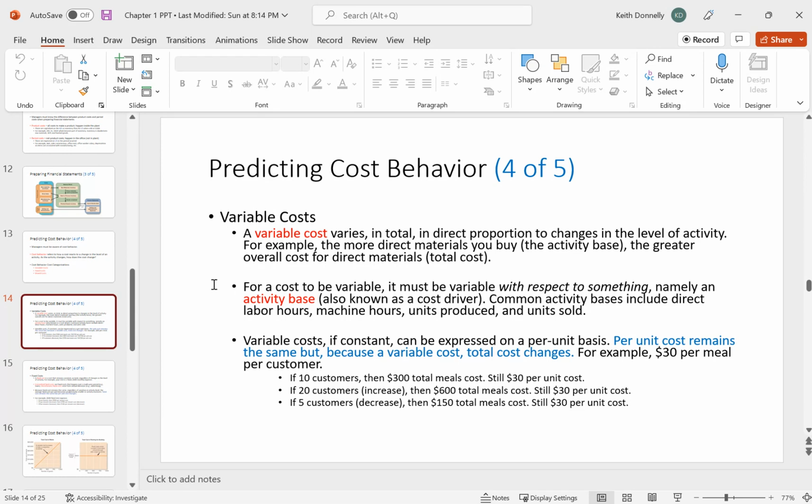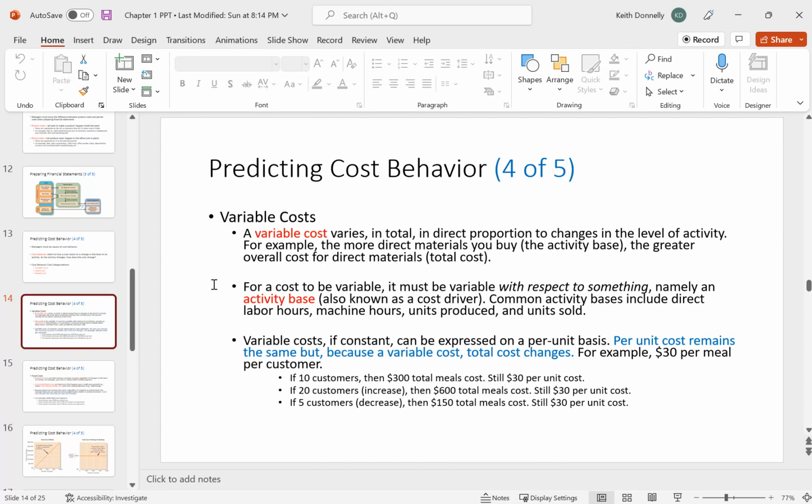Your total cost is going to be a function of how many t-shirts you buy, the activity base. If you buy 5 t-shirts, it's $100. If you buy 10, it's $200. It's just like shopping. The more you buy, the greater the activity base, the greater the overall cost. But what doesn't change is that flat amount per unit, the $20 per t-shirt.